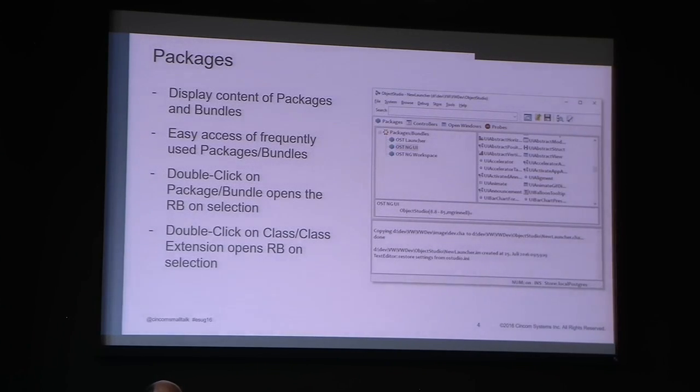Class extensions are displayed in the list box next to it, and it gives you easy access to some of the packages that you frequently work on without having to go through the Refactoring Browser every single time and selecting the package that you need.